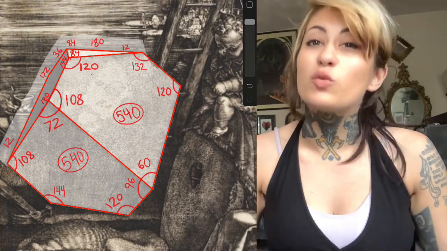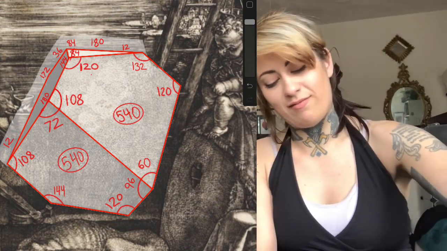This shape right here, I took a protractor myself and I measured all these angles, and they are all multiples of 12. And each side except the top, because the top is a triangle, the sum of all the angles of a triangle always equals 180. So add up the three angles, it'll always equal 180. And we have these pentagons, and that will always equal 540. So we have 540, 540, 180, and 540.